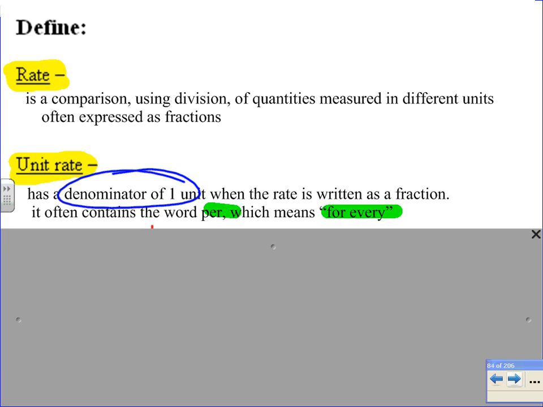So miles per hour, dollars per ounce, miles every hour, anything like that. There are many, many different unit rate examples that I could give you. The important part that you remember is that the denominator is 1, and it often contains the comparison words such as per or for every, anything that's comparing two quantities.